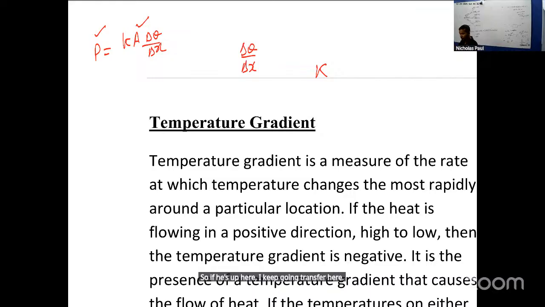So the temperature is going to be very close to the higher one. Right? So what does that mean? How do we relate it? Directly or inversely? Inversely. Right? So it means that temperature gradient is inversely related to thermal conductivity.